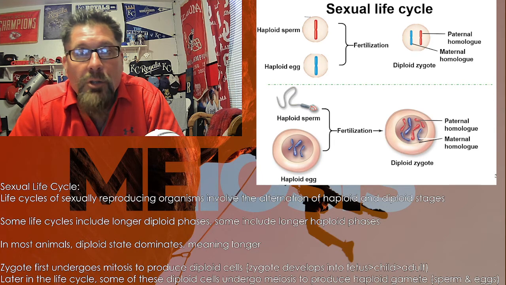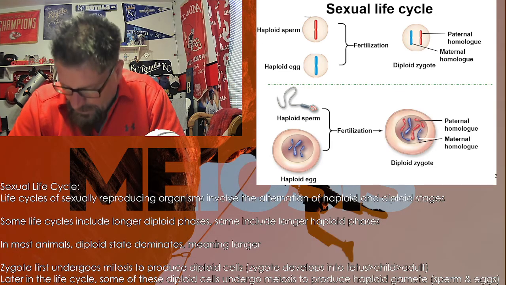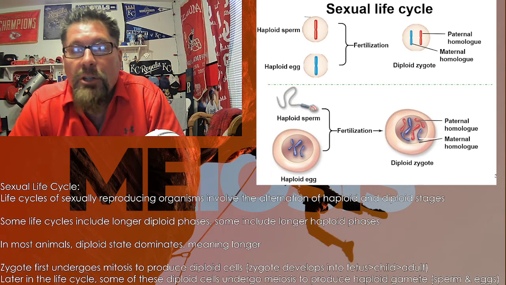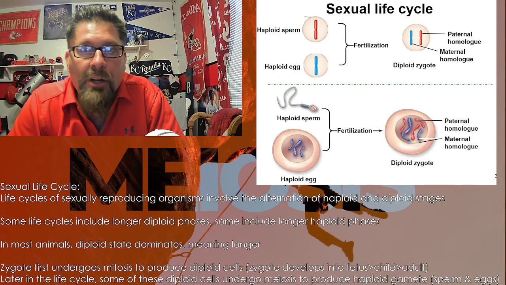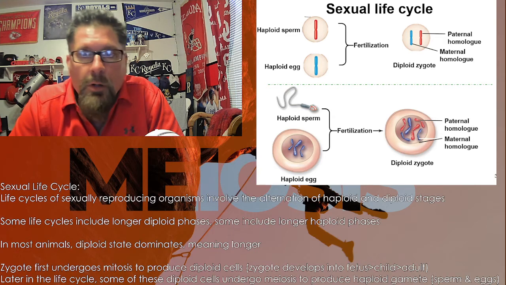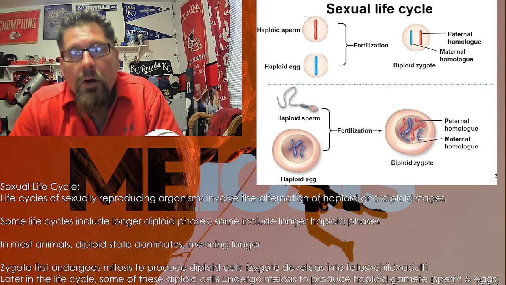Its body goes through the processes of making reproductive cells, whatever the gender may be, if it's an egg or a sperm, and those are haploid, and that's what starts the next generation. So you go from a diploid zygote to a haploid reproductive cell, back to a zygote, back to haploid reproductive cells, on and on.